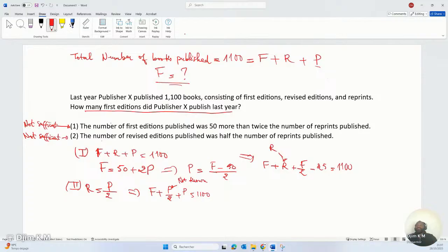Let's take both conditions, 1 and 2. What we can learn from these conditions, first of all, is that F is equal to 50 plus 2P, and R is equal to P divided by 2.